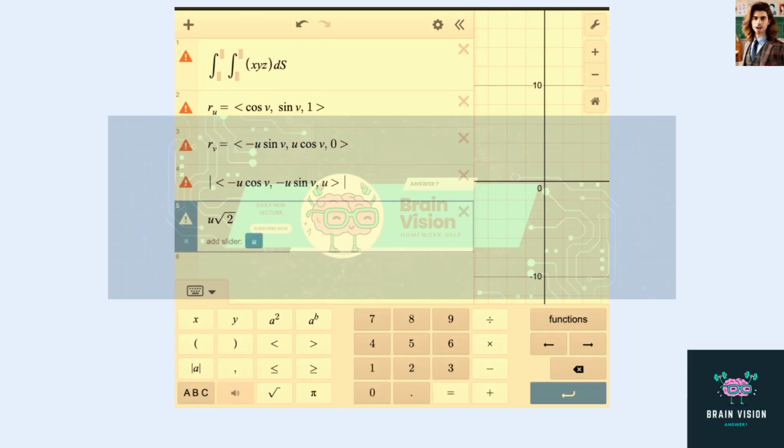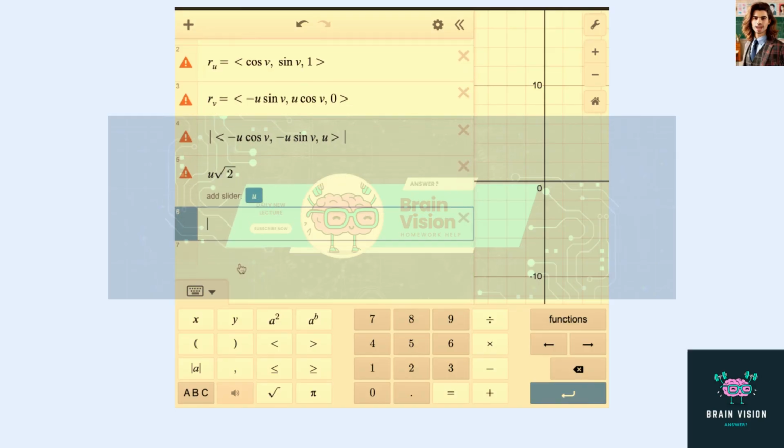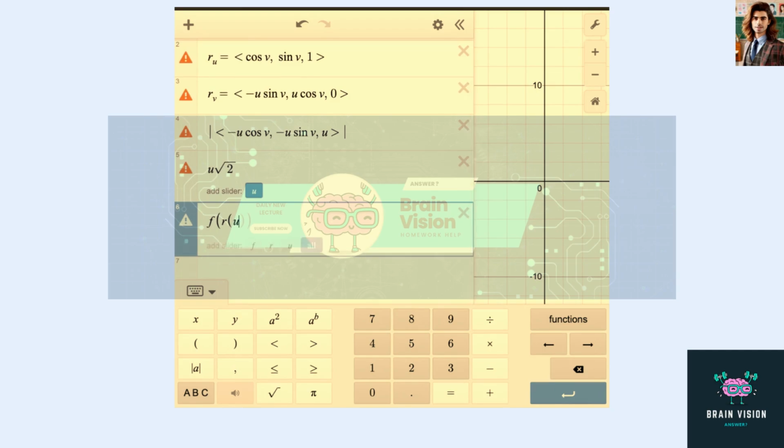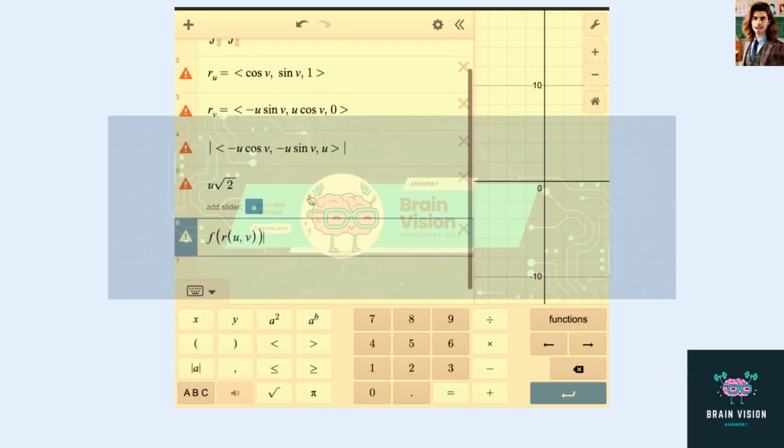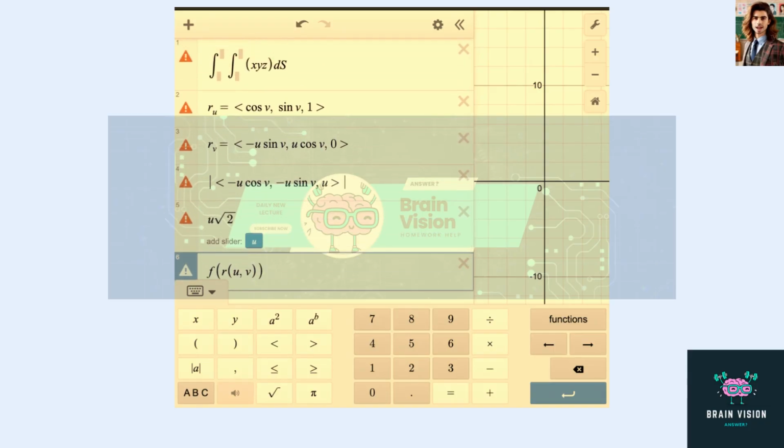So now we have most everything that we want. The only difference now is we need f of r of u, v. So based on that, since f is x, y, z, we'll just plug in x, y, and z.